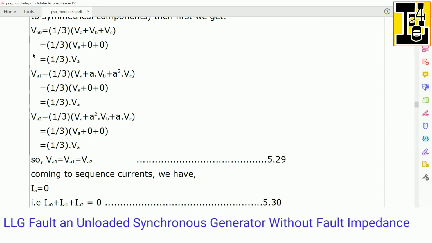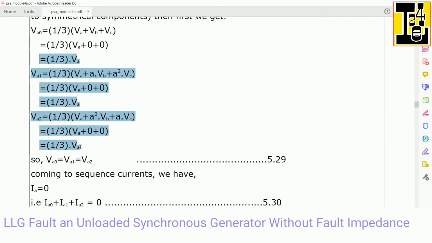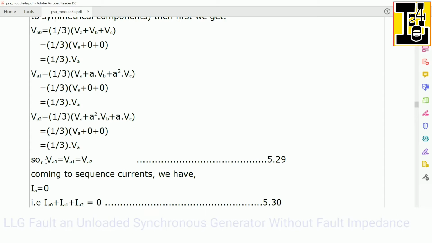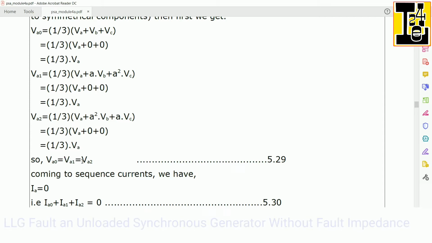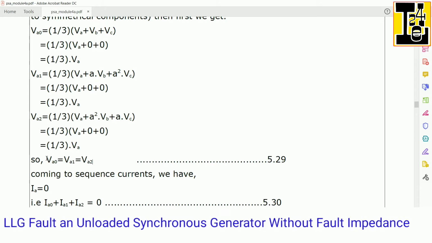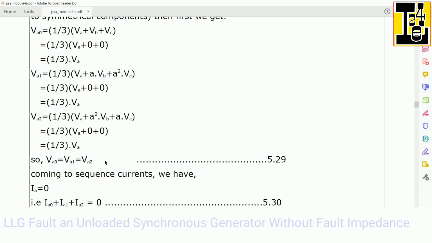So by observing all three results, we can say that the zero sequence terminal voltage, the positive sequence terminal voltage and the negative sequence terminal voltage are equal, that is VA0 is equal to VA1 is equal to VA2. This is the first symmetrical component relation.